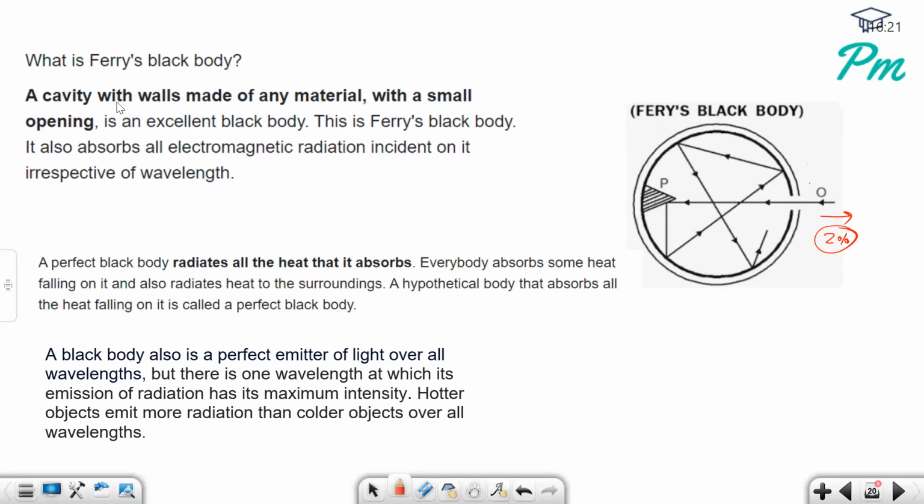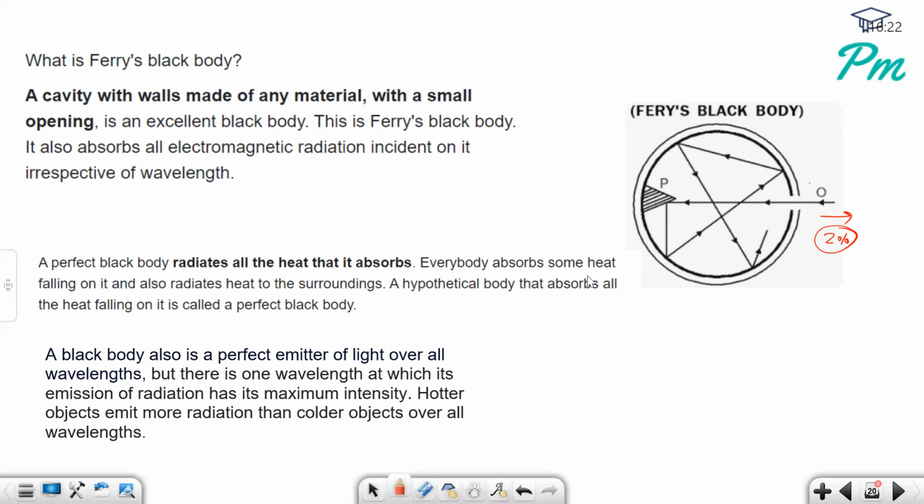So a cavity with walls made of any material with a small opening is an excellent black body. This is the Fery black body. It also absorbs all electromagnetic radiation incident on it, irrespective of the wavelength. A perfect black body radiates all the heat that it absorbs.